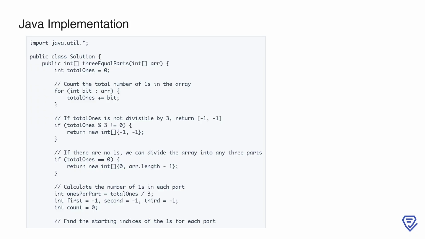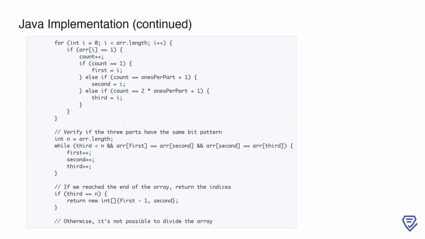Next, we calculate how many ones should be in each part, which is given by total ones divided by 3. To prepare for the next step, we initialize variables to store the starting indices of the 3 parts, first, second, and third, and set up a counter to track the number of ones as we iterate through the array. Now, we loop through the array to determine the starting indices of the 3 parts.